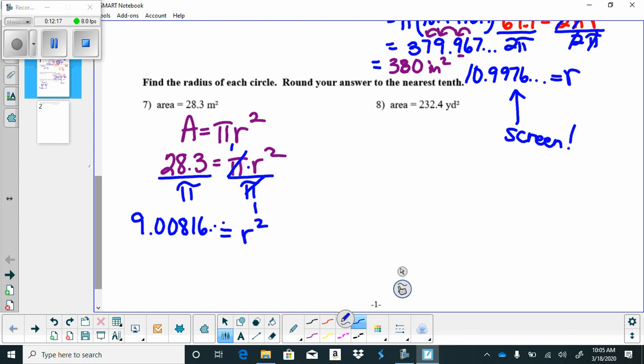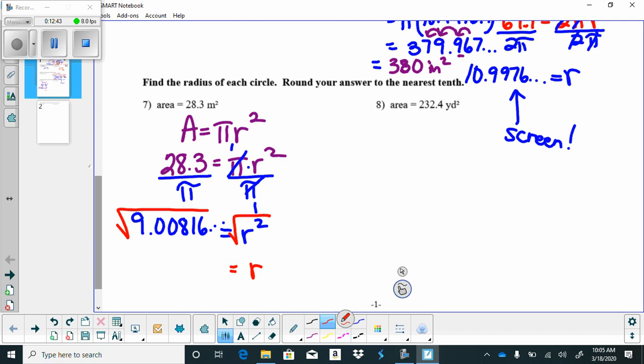Now, this is the radius squared, which means something times something gives me this number, 9.00816... So how do you undo a square? You square root it. So whatever you do to one side, you do to the other. We've done this earlier in the year.